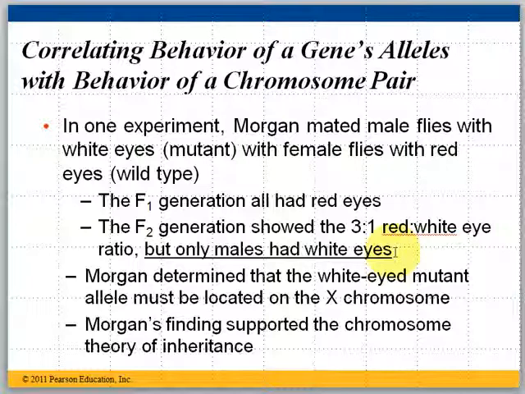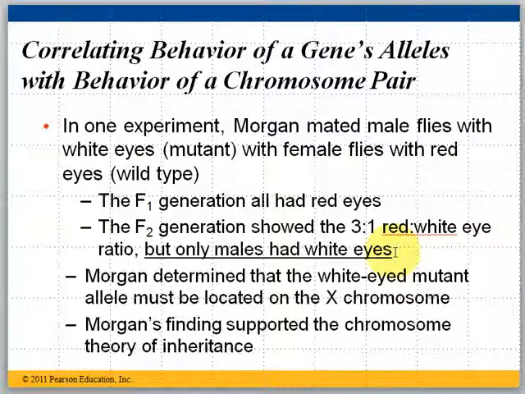Remember, males have an X and a Y, and there's no homologous allele on the Y chromosome to cover that mutant trait on the X. For a female to show the white eyes, she would have to be homozygous recessive, where both of her X's had the allele for white eyes.